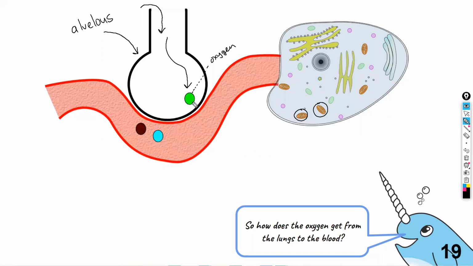So what's going to happen is that the oxygen has to make it across into the bloodstream. You will notice that the barriers here, and I'll try my best to draw it thin. The barriers is supposed to be what? Thin. And tell me something.